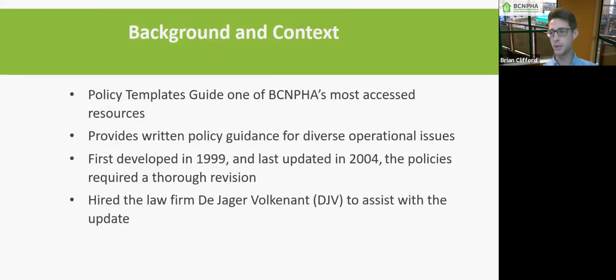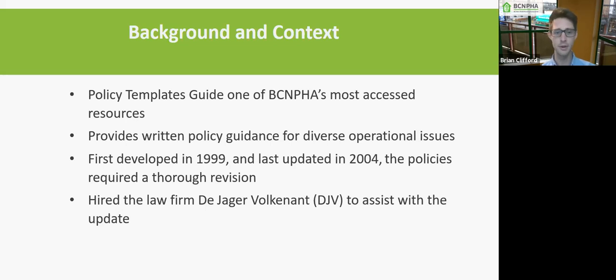So the policy templates guide is one of BCNPHA's most accessed and downloaded resources. It provides written policy guidance on diverse operational issues such as tenant relations, financial management, and administration. Given the guide was first developed in 1999 and last updated in 2004, it required a thorough revision.